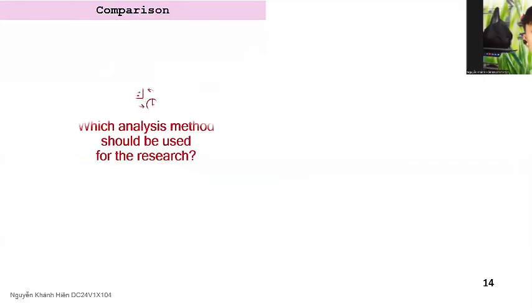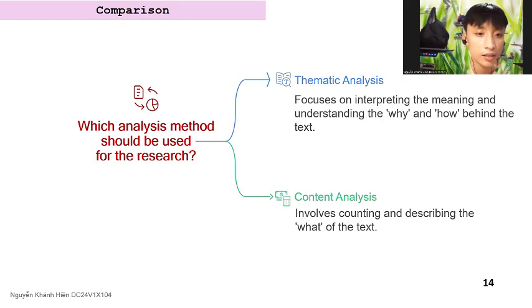Now, let's compare these two methods. Thematic analysis focuses more on meaning and interpretation, while content analysis focuses on counting and describing things in the data. Thematic analysis is mainly qualitative, but content analysis can be both qualitative and quantitative.